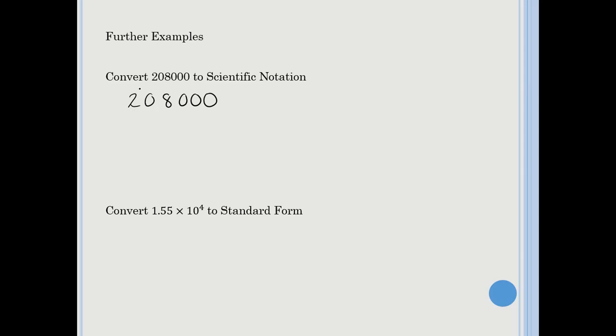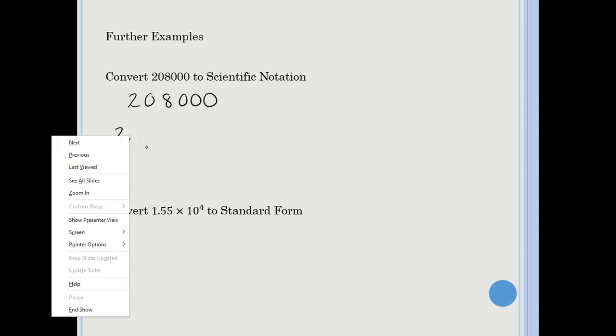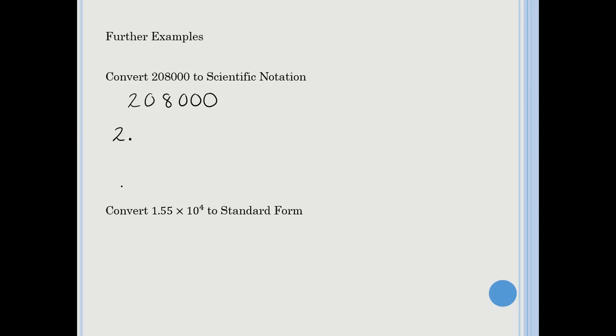The 2 has the highest place value, so I'm going to put that to the left-hand side of a decimal point. And then I'm going to add in any other numbers that have place value. So the 0 and the 8 do, so I'm going to put the 0 and the 8 in here. These 3 are trailing zeros, so I don't need to include them.